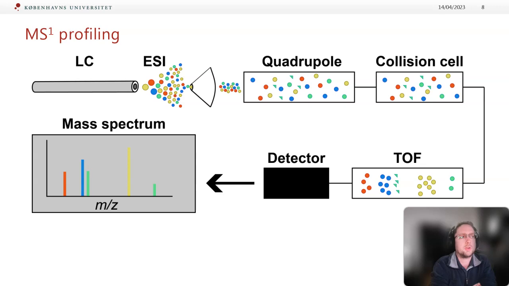In the quadrupole and collision cell, nothing of interest happens in the profiling experiment. Then the compounds reach the time-of-flight tube where they pass through an electric field, and compounds with a low mass pass faster through the time-of-flight tube. So just like in the LC, we can then detect the different ions separately.